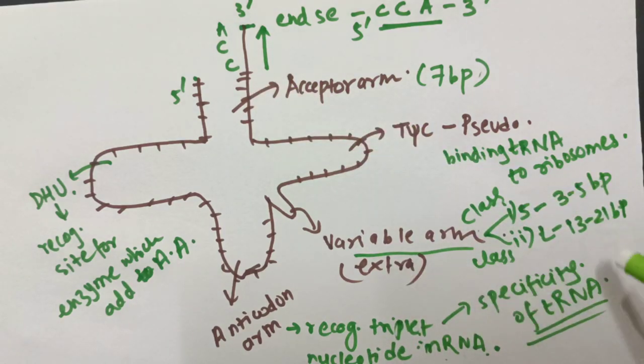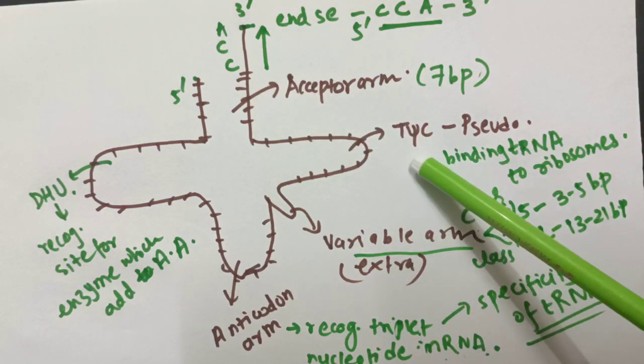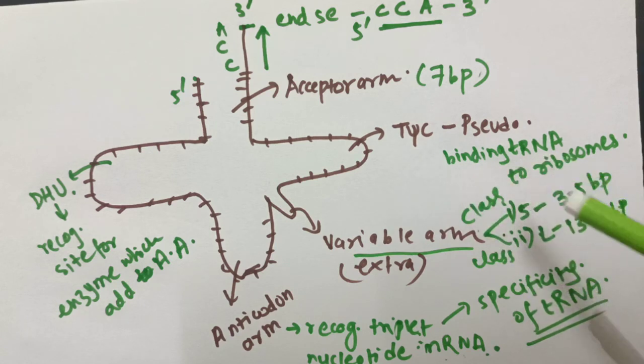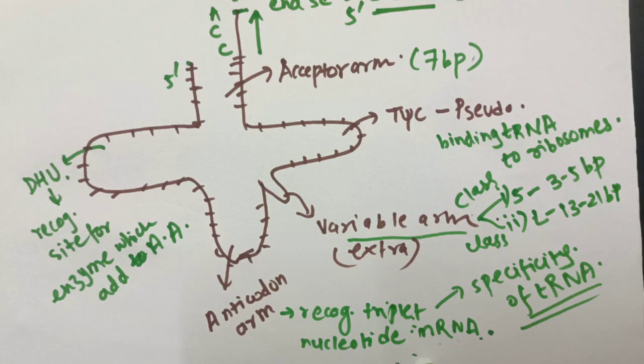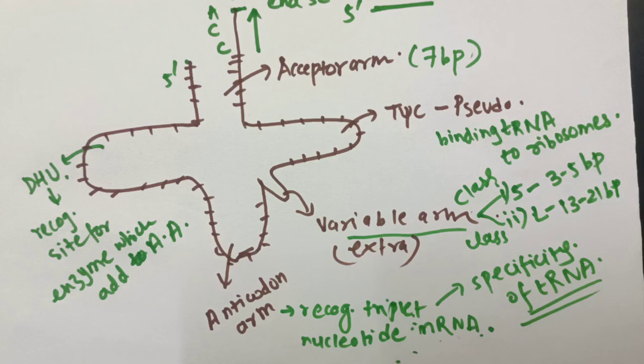The T-Psi-C arm binds tRNA to ribosomes. The DHU arm is the recognition site for certain enzymes by which amino acid can be added, and the anticodon arm recognizes the triplet nucleotide of mRNA, which defines the specificity of tRNA. So that's all for this lecture.